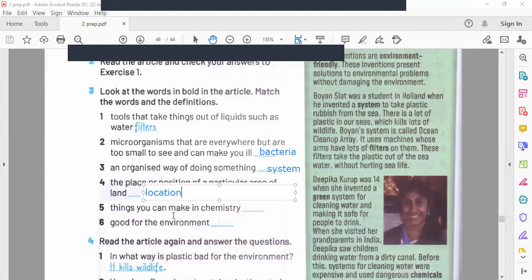Things you can make in chemistry. Of course, chemicals. Good for the environment. Yes, environment friendly.